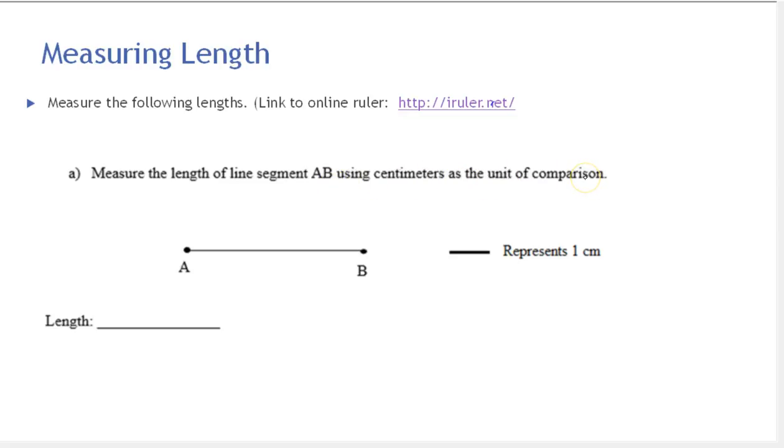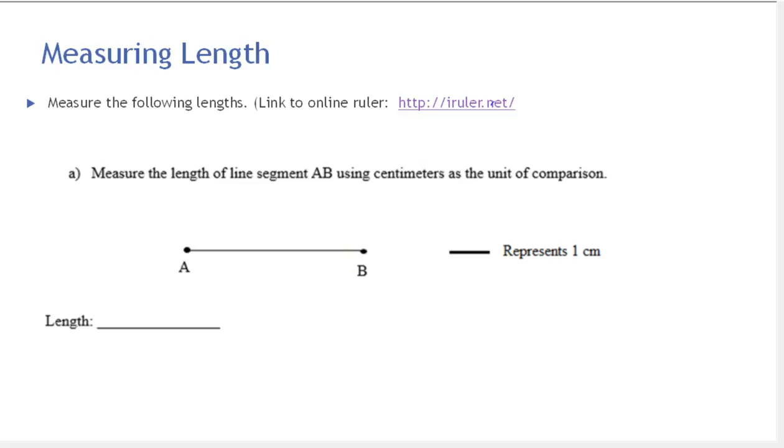comparison. So your screen size may look different than my screen size, and also it may look different on your media lesson packet, but we're going to use this amount right here to represent 1 centimeter, and when we're measuring this length, we're measuring how many copies of this 1 centimeter are in this line segment.